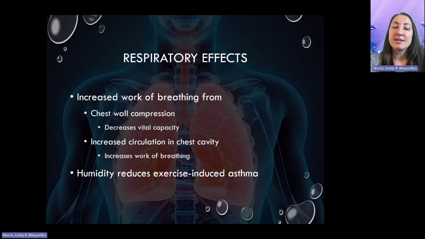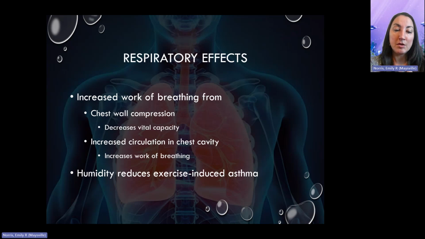Respiratory effects: it actually increases your work of breathing. The hydrostatic pressure increases the pressure on the chest wall, which decreases your vital capacity. It increases circulation in the chest cavity, but it also increases the amount of work it takes to breathe. So it can help you build those respiratory muscles, but it does make it just a little bit harder to breathe.